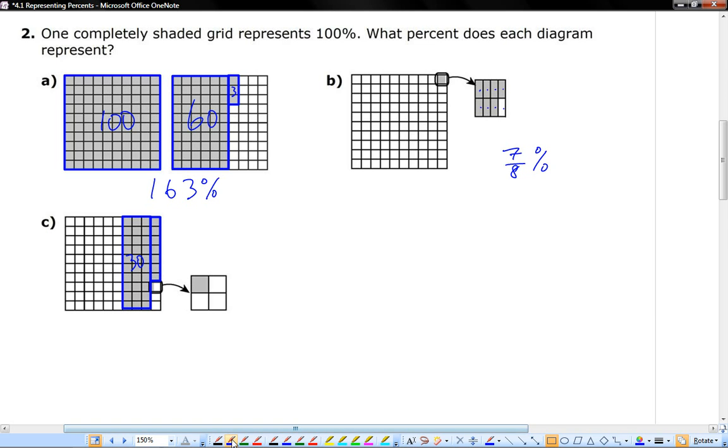So that's 7 full percent. And then we've got one extra little square that is not completely shaded in. We've only got 1 out of 4 parts shaded in. So this being 1/4 of a percent, that's a total of 37.25%.